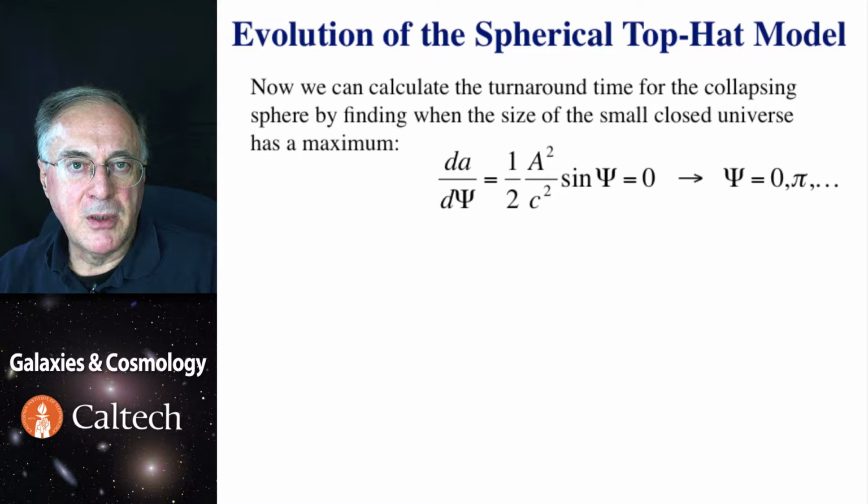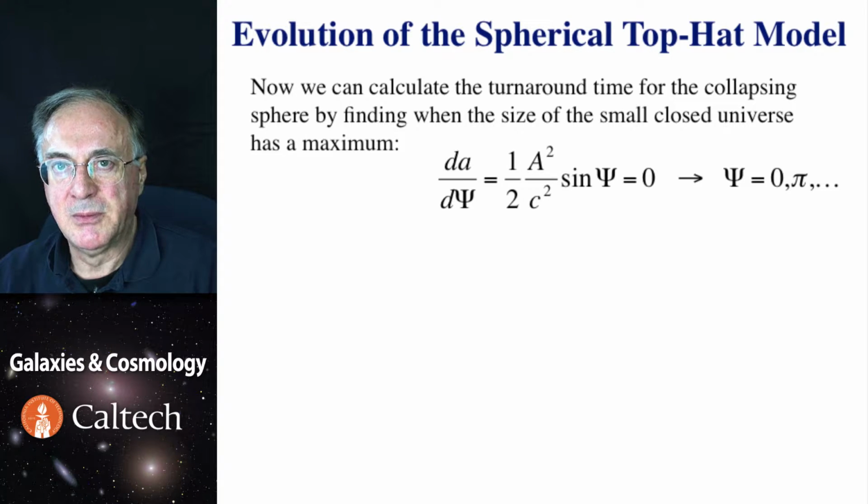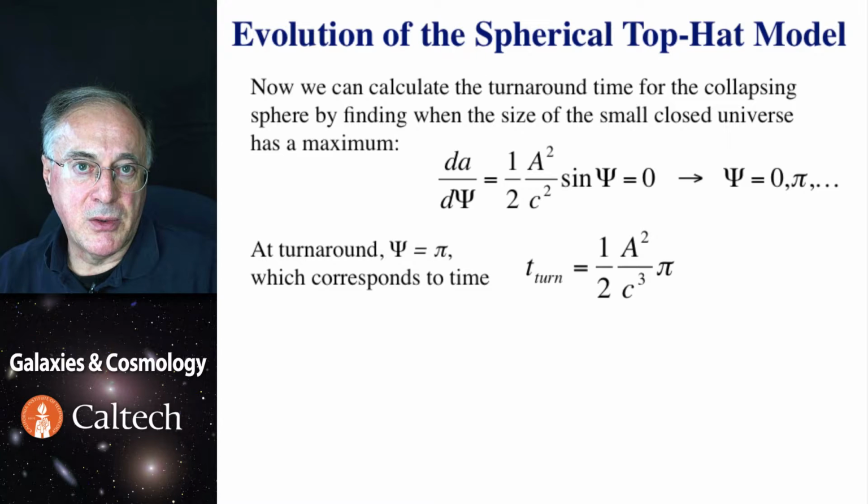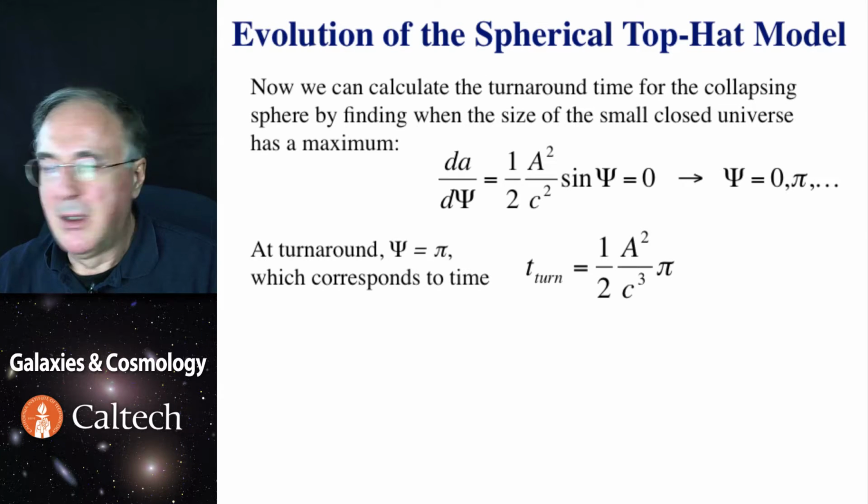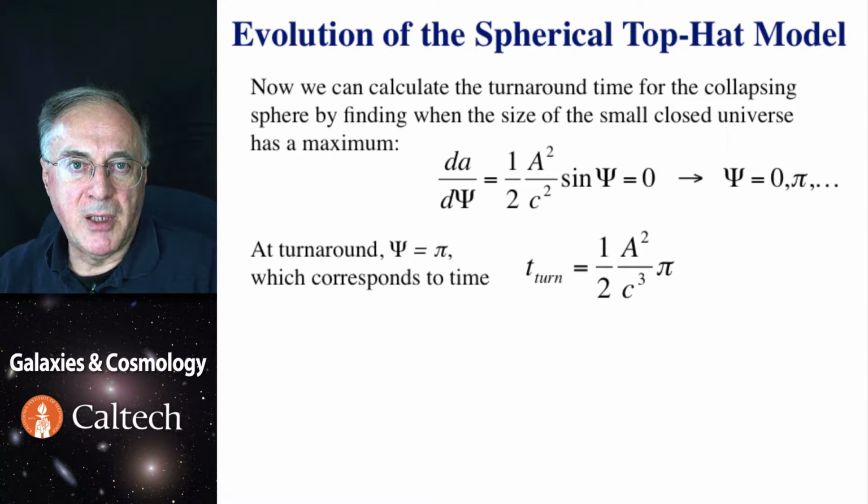So we can find out the turnaround time or radius by asking where is the maximum of this curve, which means that its first derivative is 0. Obviously, since this is a periodic solution, even though the universe would not necessarily bounce back, it tells us that for the first turnaround, it will be at the value of pi. And so the solution for this is given here. The turnaround time is given by this formula.